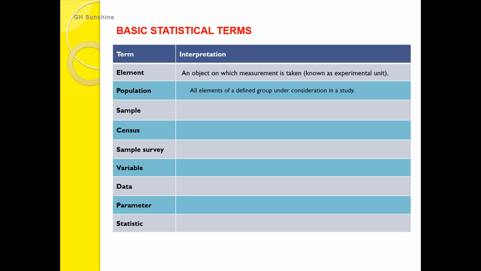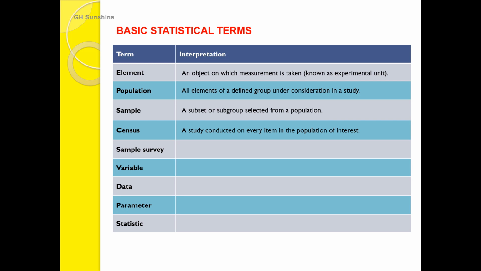Second is population. Population means all elements of a defined group under consideration in a study. Third term is sample. Sample means a subset selected from a population.